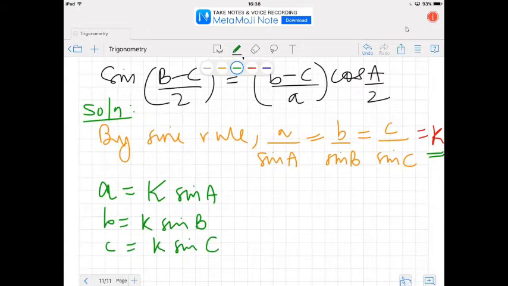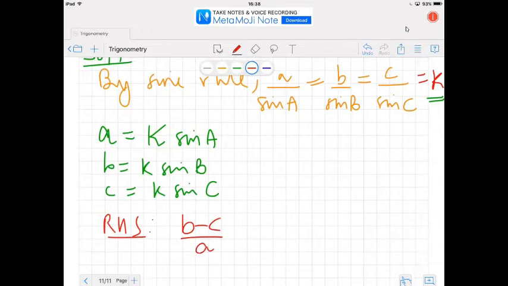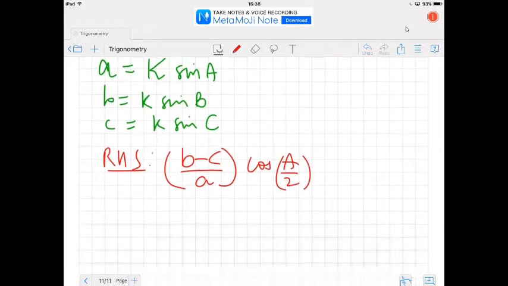Now let me start with the right hand side. I'm going to start with the RHS, and I'll prove the RHS is equal to LHS. So the right hand side expression is (b minus c) upon a multiplied by cos of angle A by 2.